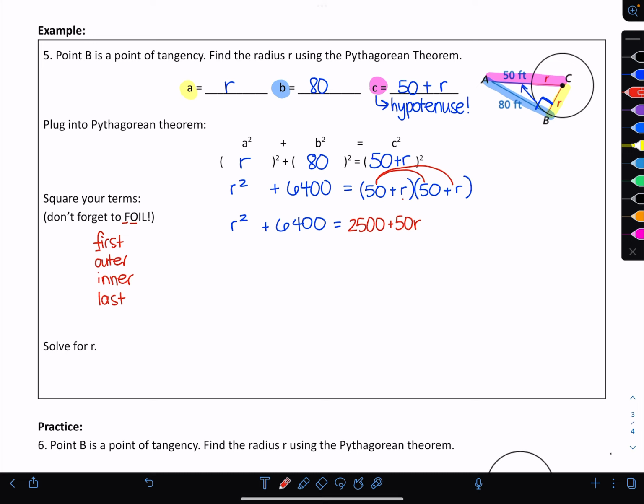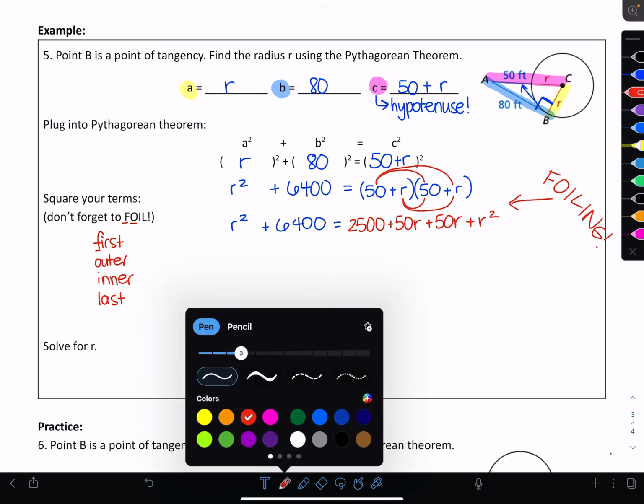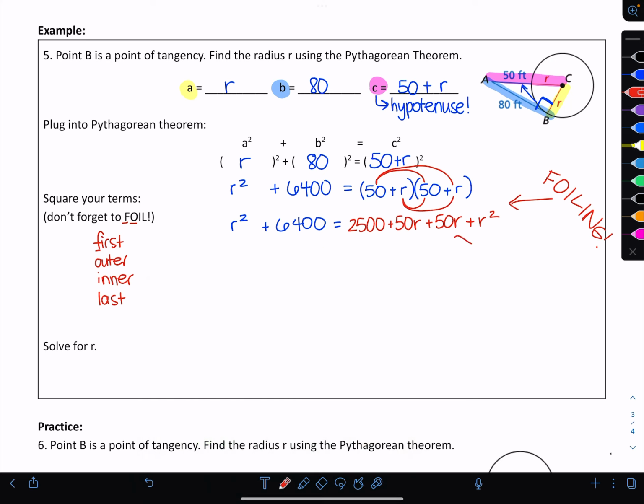We need to do the 2 inner terms, which are 50r. And we need to do the last terms, r times r. That gives us r squared. This is why I like to write out both pieces, 50 plus r times 50 plus r, because it makes sure that I'm not going to forget any of these middle guys.